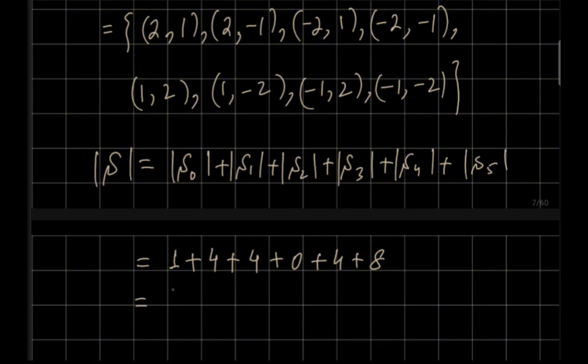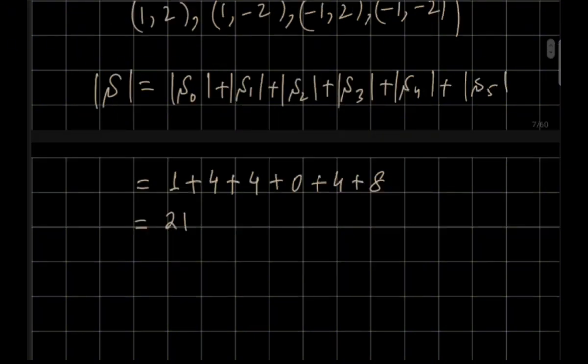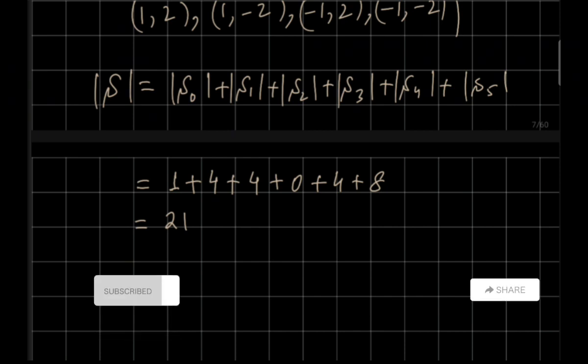After adding all of these terms, we will get 21. So this is only because of the sum rule of counting or addition principle. In the next video, we will talk about the product rule of counting or multiplication principle.